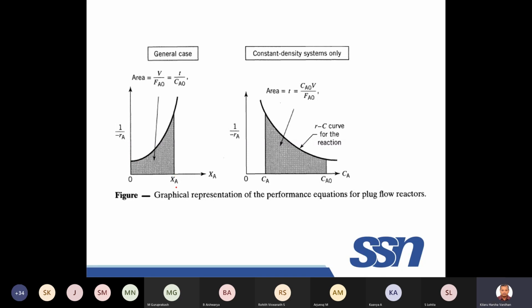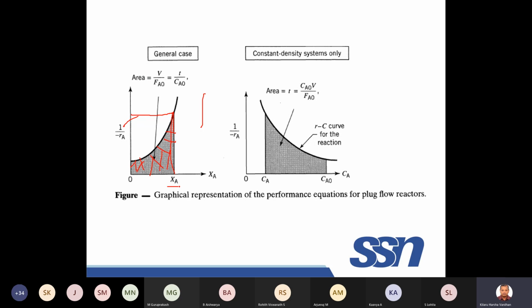If you want a particular conversion, you put a line to that point, and the area under the curve, because it is the integral, gives the result. Earlier, for a CSTR, you took the area of a rectangle, but here, since the integral is there, you calculate the area under the curve. That will give you V or tau.